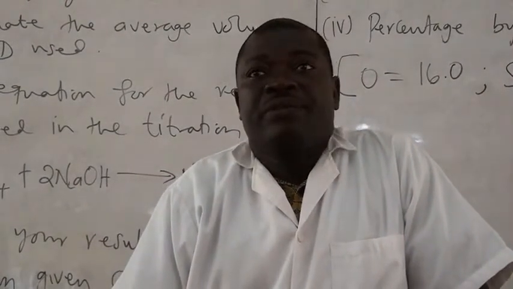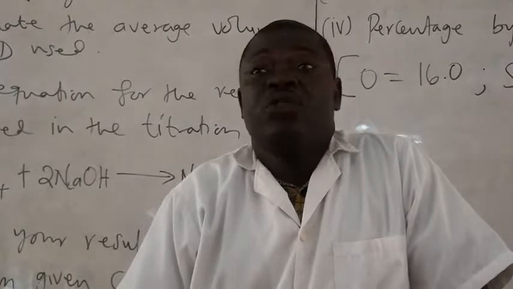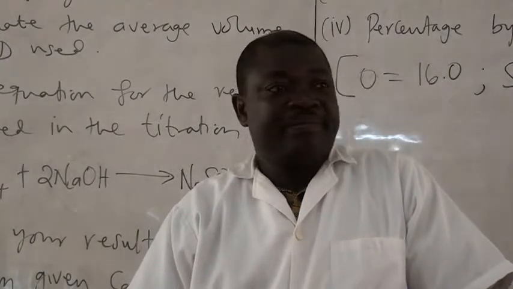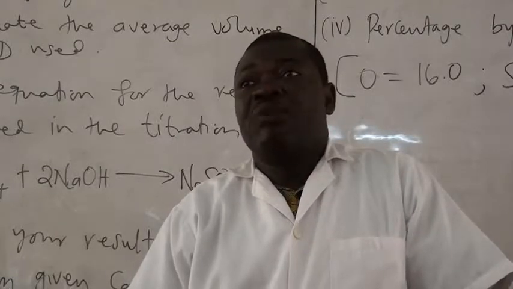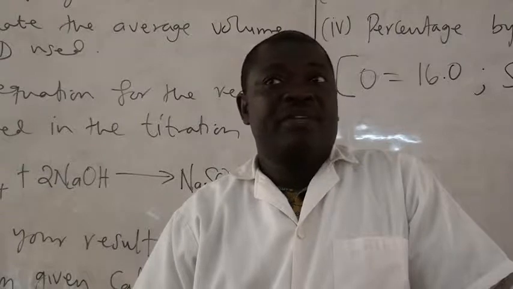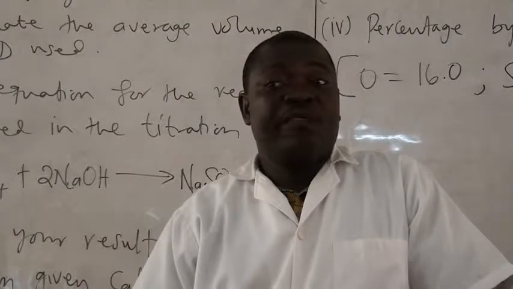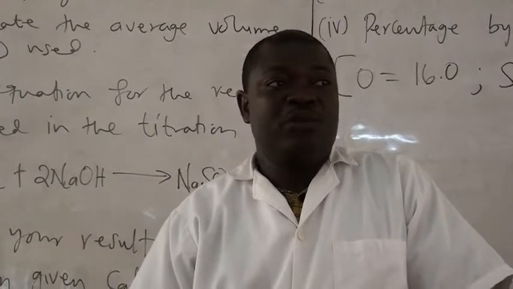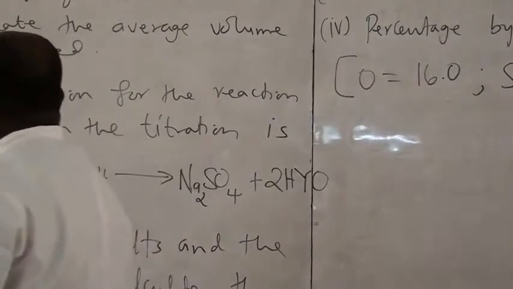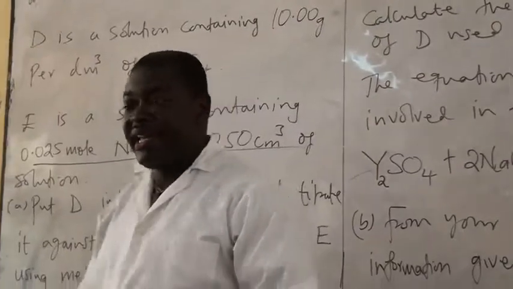You write your table with your units. If the units do not come, of course, you lose marks. And of course, it should come with the initial and then the final readings. Is that okay? Those of you who have not been drawing and use freehand, I've told you, freehand drawing is not allowed. Then of course, after that, you calculate the average titre.